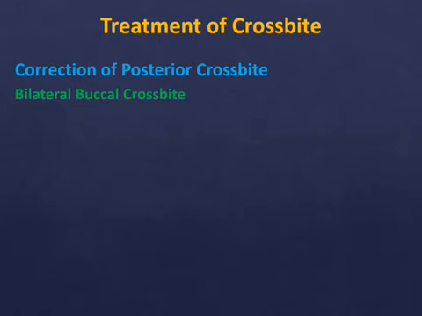Now, treatment options of bilateral buccal crossbite. The first option is acceptance with no treatment, because usually bilateral buccal crossbite is stable with no displacement and it is functional.